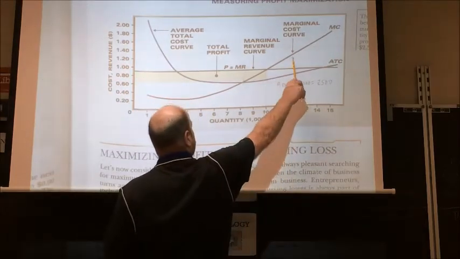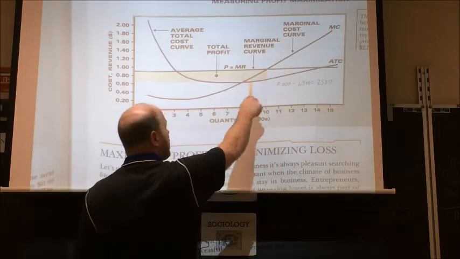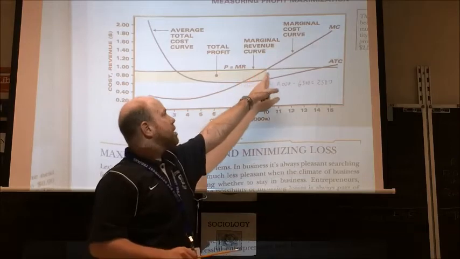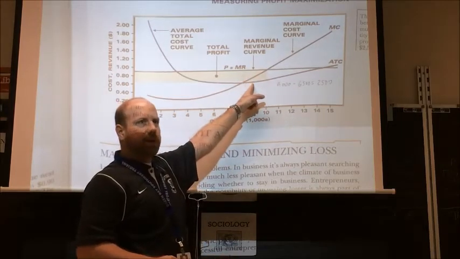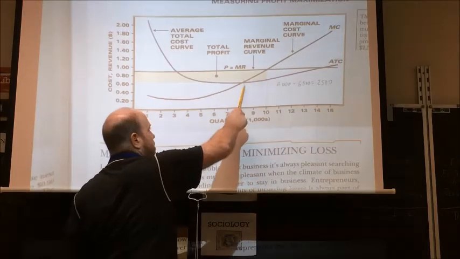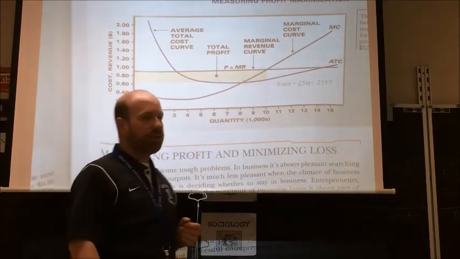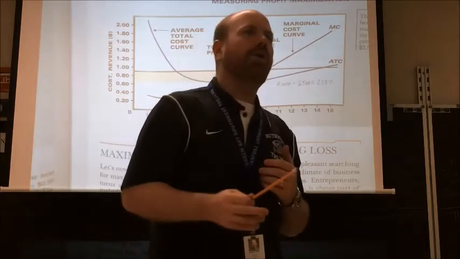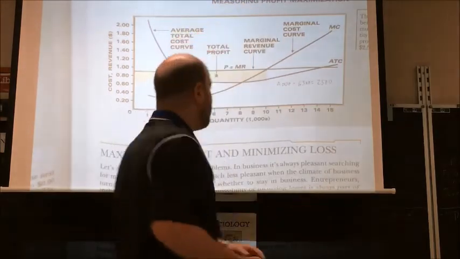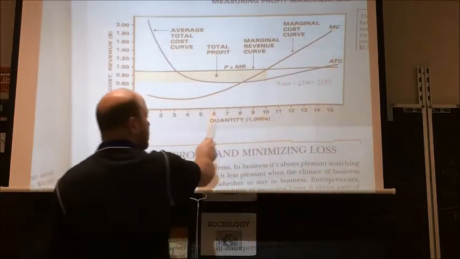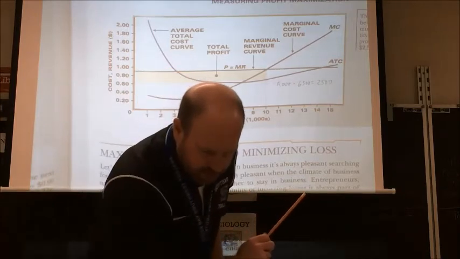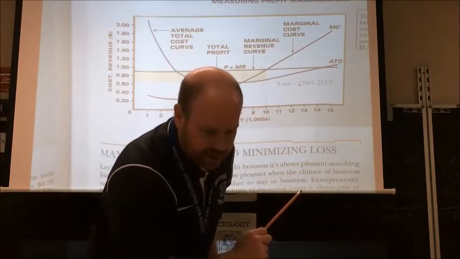We want to move left, because of the way the slope of the line is set up, until we get to the magic perfect place where we want to be. If you move left, eventually you're going to find the MR equals MC point. We don't know what the other curves will look like at that point, but the key thing is that we know we're out here and we want to reduce our output to get to that point. So that means that the answer is letter C.